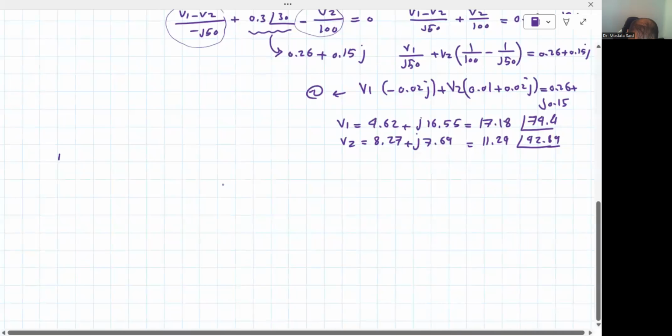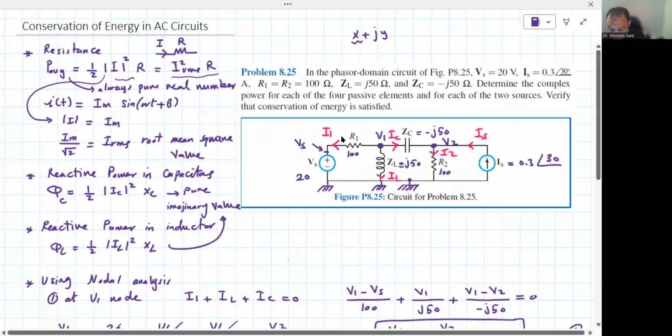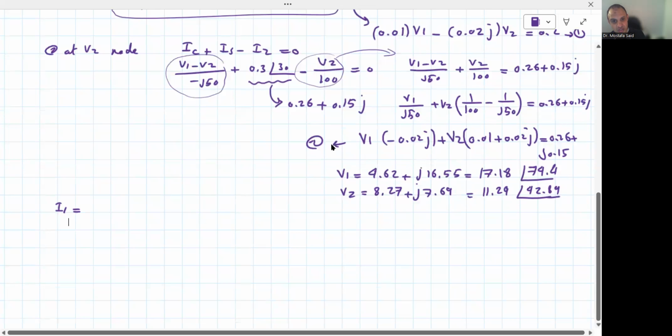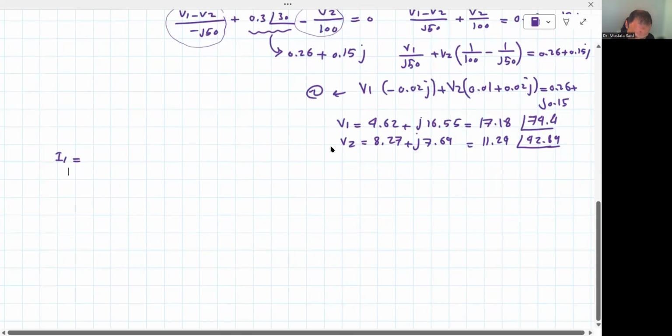So I1 basically is the one that flows into R1 here. It's V1 minus 20 over R1. So I'm going to write also V1 minus 20 over R1. And we get V1 here. We know V1 now, and we know R1 is 100, and the 20 is a constant.